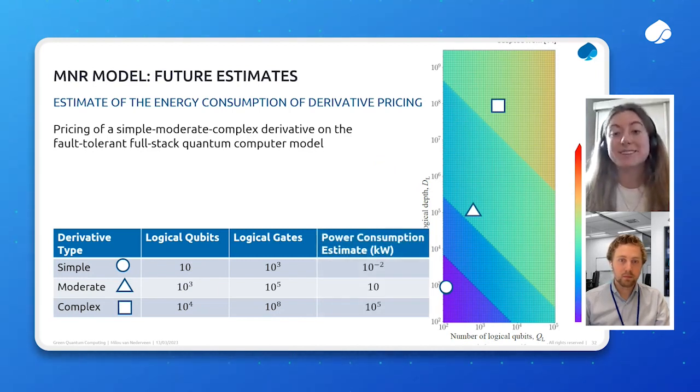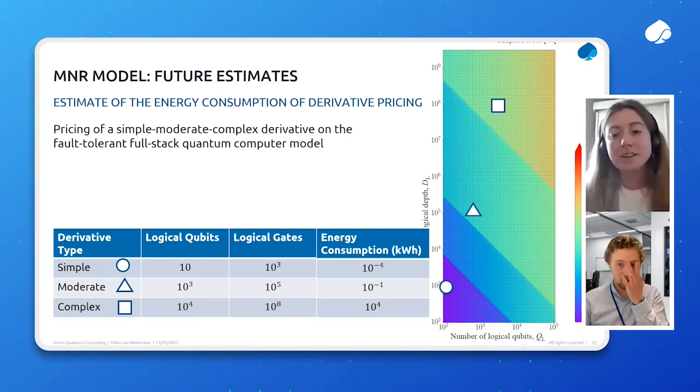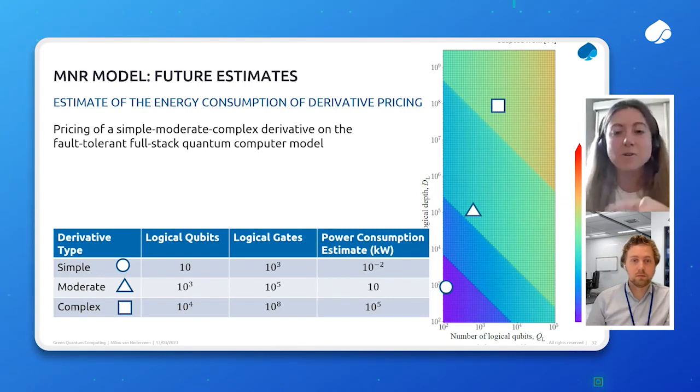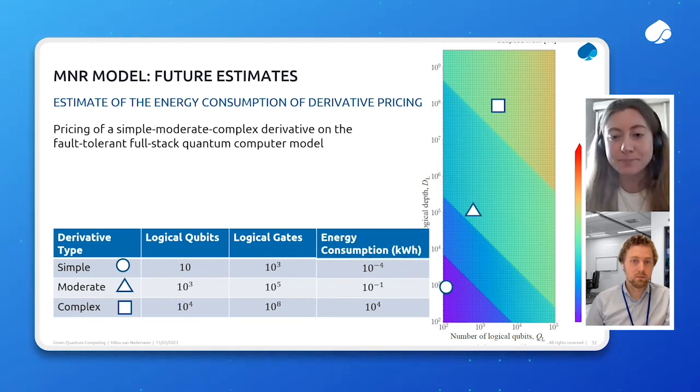And then based on the clock speeds, we find the energy consumption that this would approximately use. What's important here as well is that if I go back to the power consumption, it is now lower than what's available on current hardware. But as said, this is again an optimized quantum computer, so that's why this occurs.